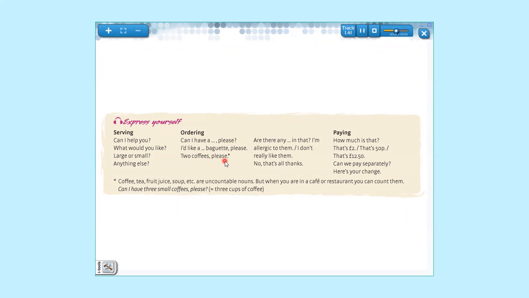Are there any in that? I'm allergic to them. I don't really like them. No, that's all, thanks. Paying. How much is that? That's £2. That's 50p. That's £12.50. Can we pay separately? Here's your change.